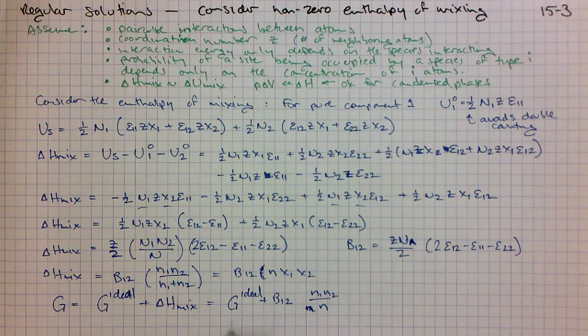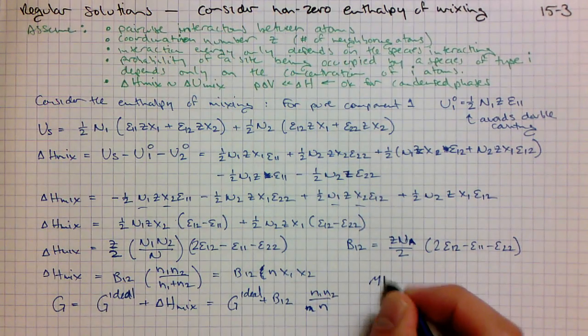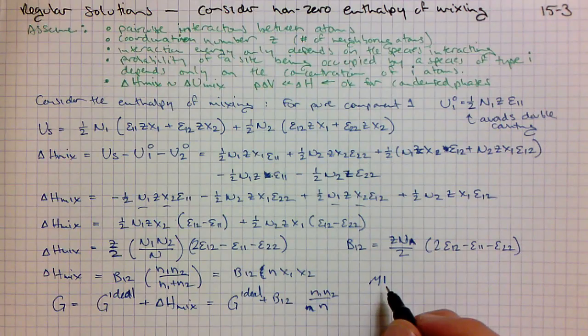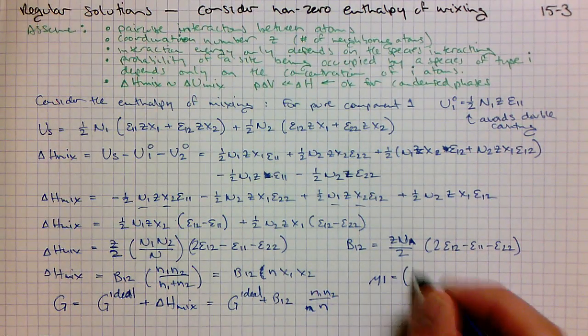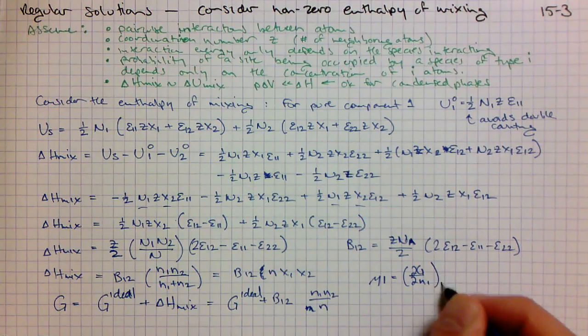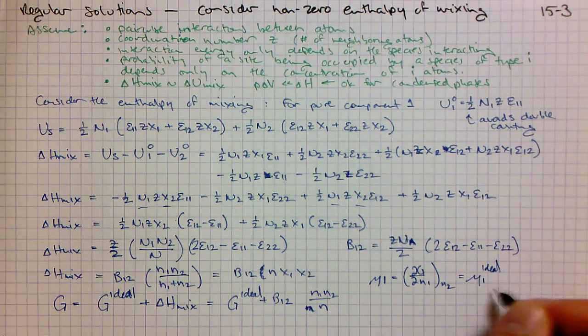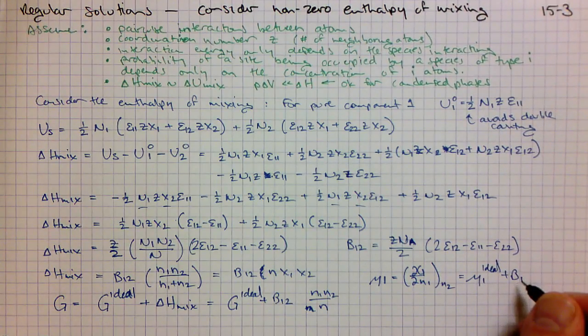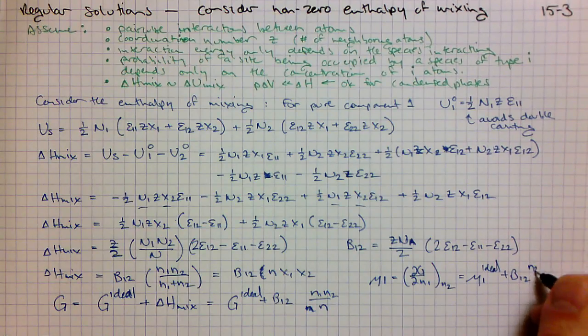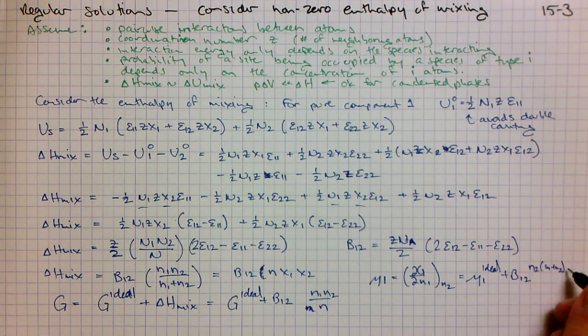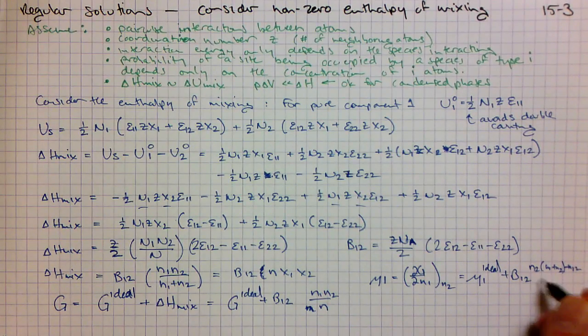So if we calculate from that, for example, mu1, the chemical potential of species 1, that would be given by dG/dN1 at constant N2. That would be given by the ideal chemical potential for 1 plus a correction that goes like B12 times N2 (N1 plus N2) minus N1 N2 over (N1 plus N2) squared.